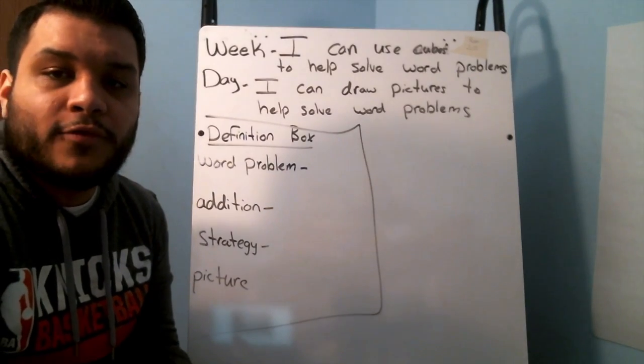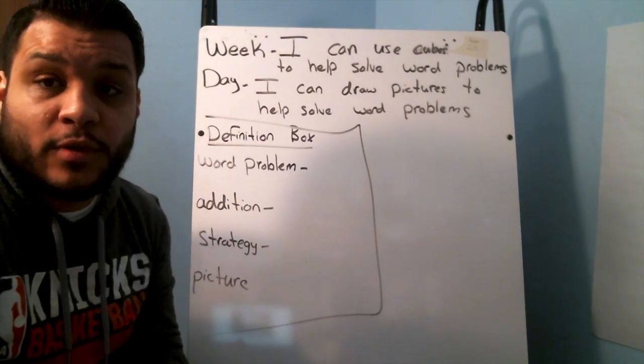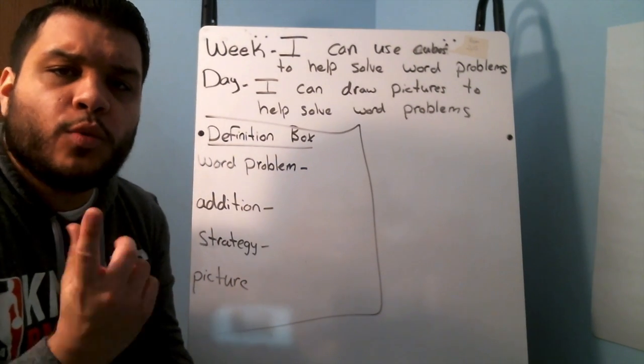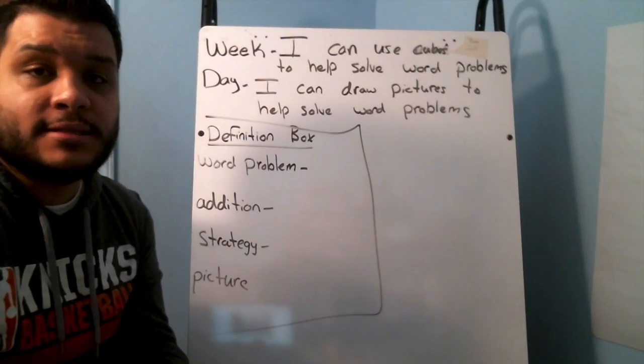So we will start off with an easy one. Word problem. We learned the definition of word problem last week. So what do you think word problem is? You thought about it. Now let's define it together.